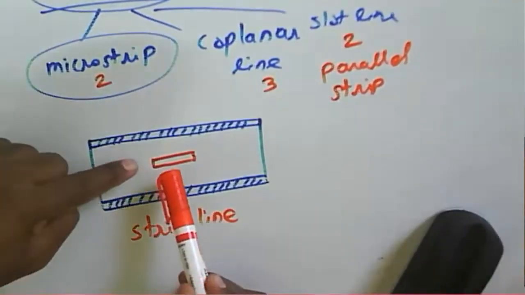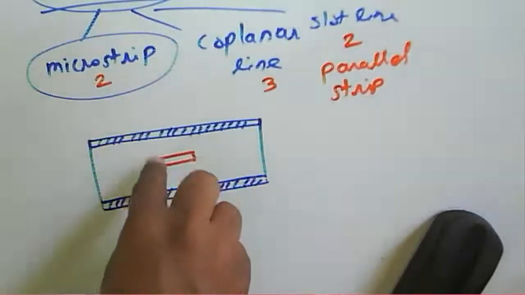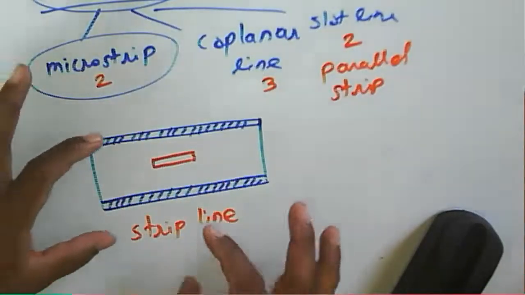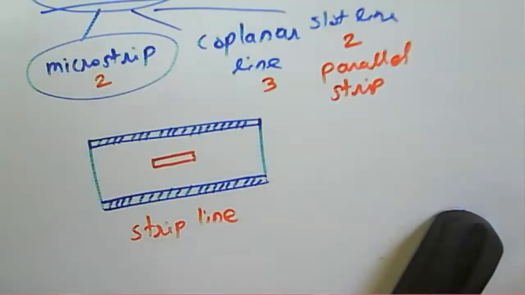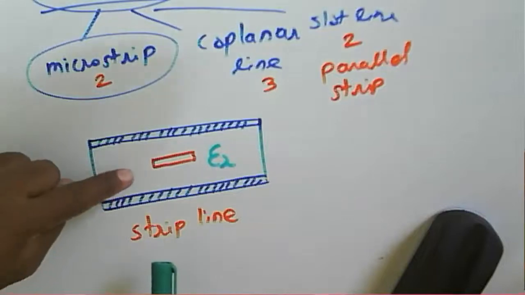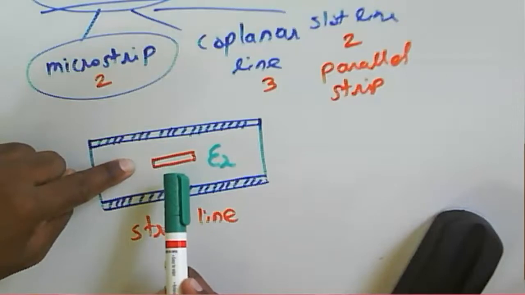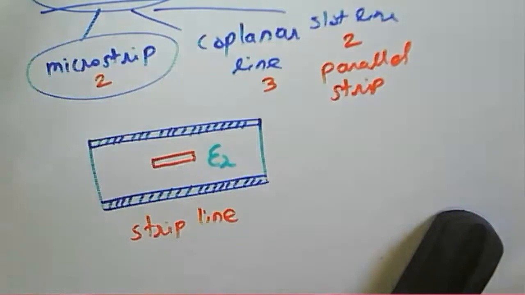In a strip line configuration, a small strip is present in between these two conducting plates, or two ground plates, and this strip is surrounded by a dielectric material or substrate. It has a value epsilon r. For a given strip, we consider the thickness of the strip and the width of the strip, and according to that the characteristic impedance will be calculated.